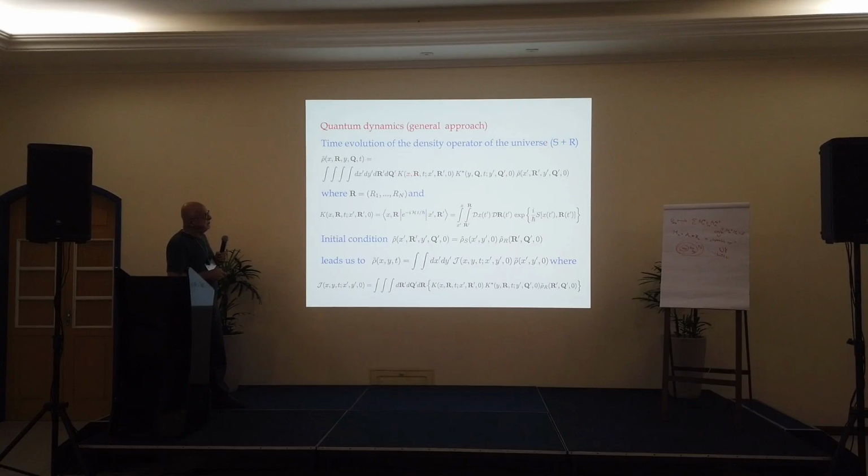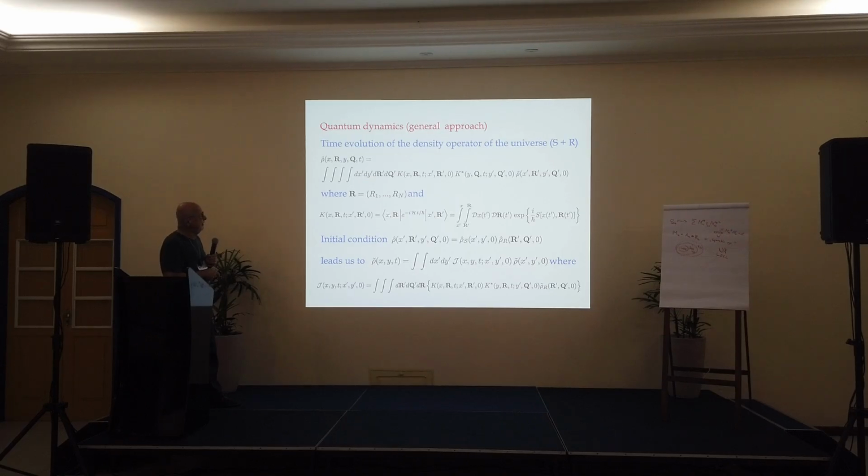Let me try to explain these long expressions. All I'm doing here is finding the coordinate representation of this reduced density operator of the whole thing. And this is K. K is just the time evolution operator, the unitary operator, with H being the full Hamiltonian.